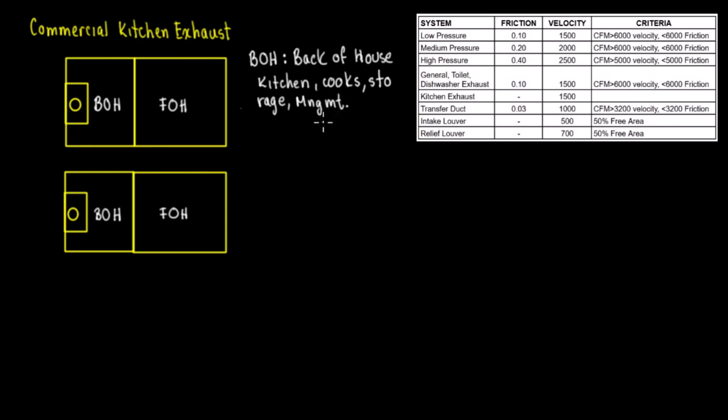Anything that is not related to the clients, with the kitchen hood, they're preparing the food. And what is going to be the front of the house? That's a little bit the opposite, FOH, front of house. This is pretty much where the customers are, the clients' customers, the bar, dining tables.